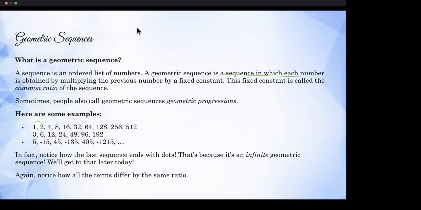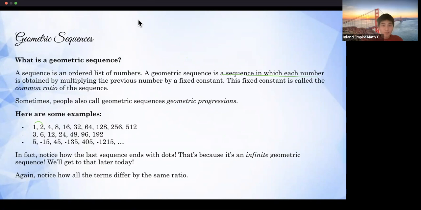It's 2 again, right? So right now we're seeing a pattern, which is that we multiply each number in the sequence by a common number. In this case, it's 2 to get the next number in the list. If you don't trust me, you could try a few more examples. This one is 2, this one is 2, this one is 2 again, and this one is also 2.